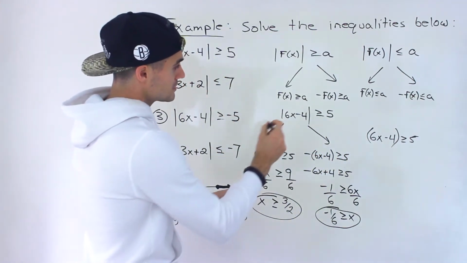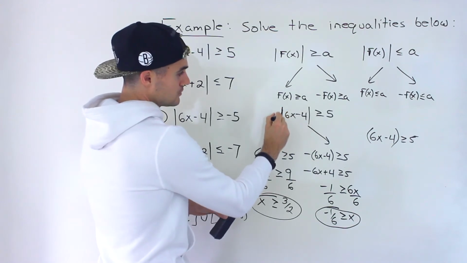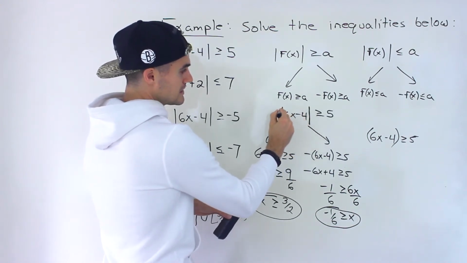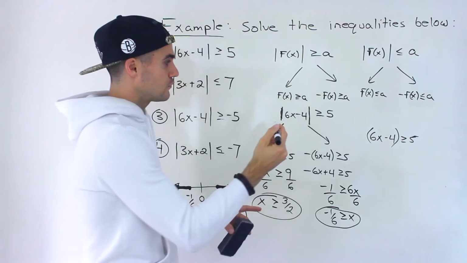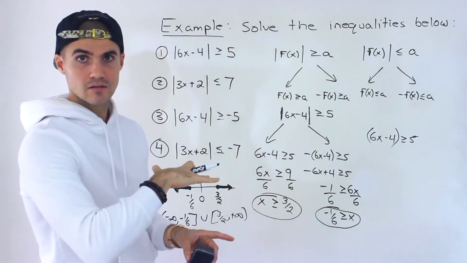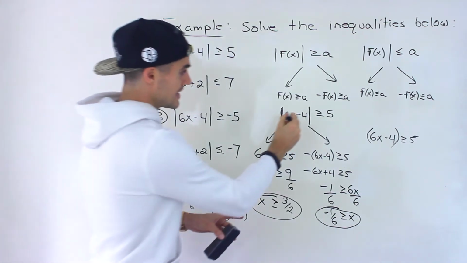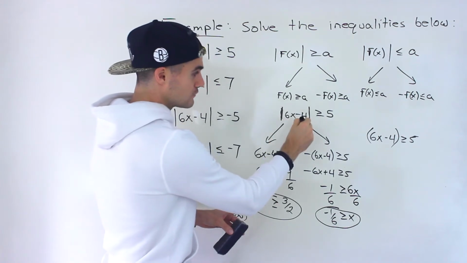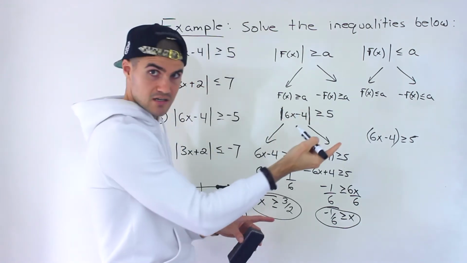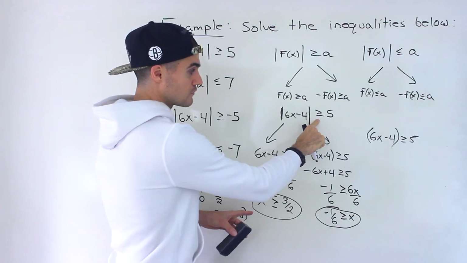But if you think about it also, because there's an absolute value here, this expression could, for example, be negative 8 as well. Because if this ends up being negative 8, the absolute value of negative 8 ends up being positive 8, which is greater than or equal to 5.